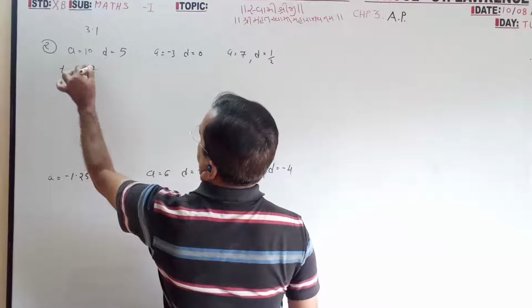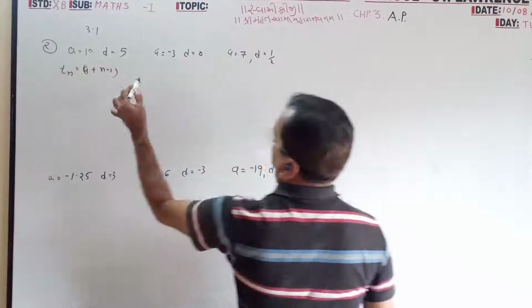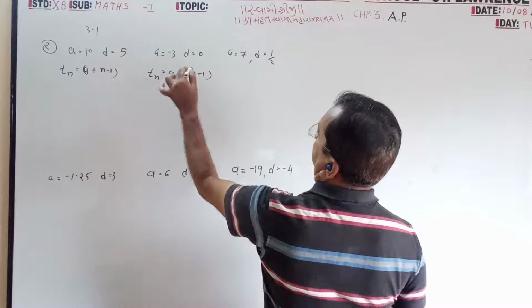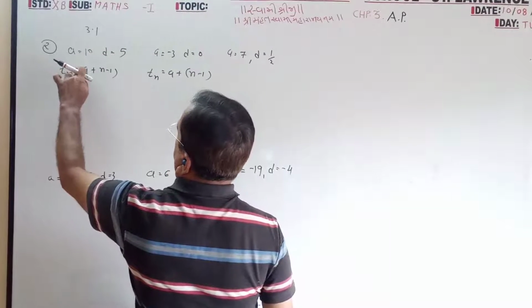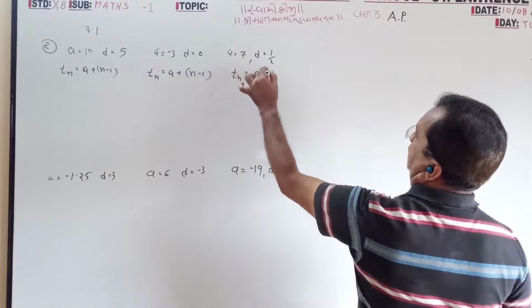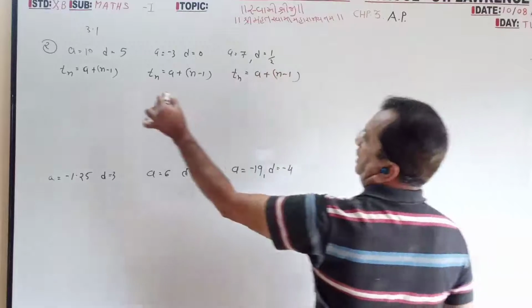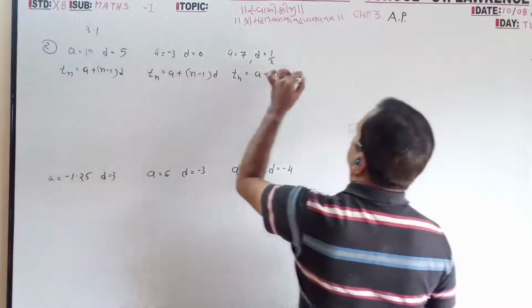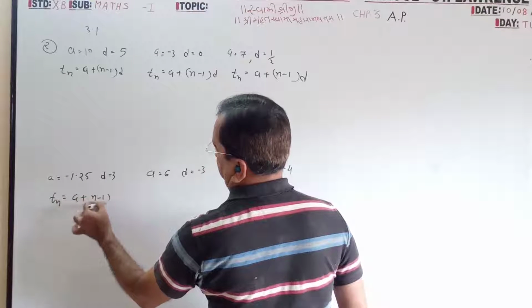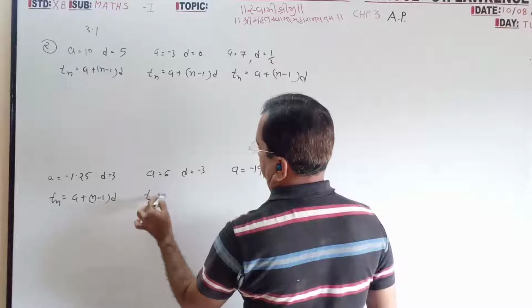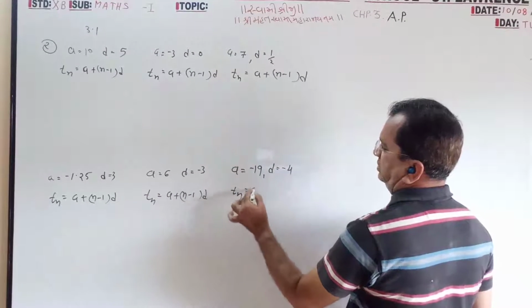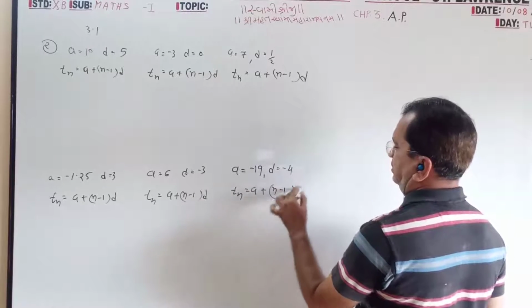Tn is equal to A plus n minus 1 D, the nth term.